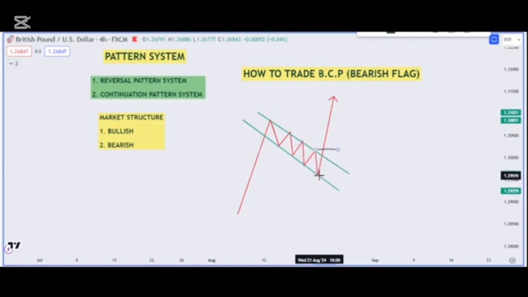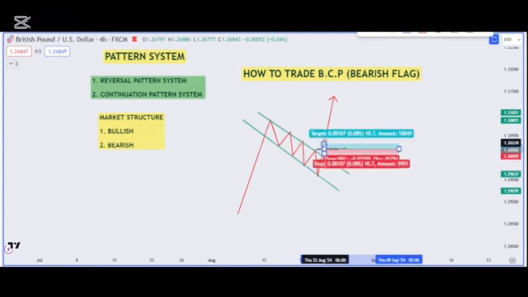You need a candlestick to close, whether on 1 hour time frame or 30-minute time frame, either of the two. You need a bullish candlestick to close, to break this above. Then after that, you execute.